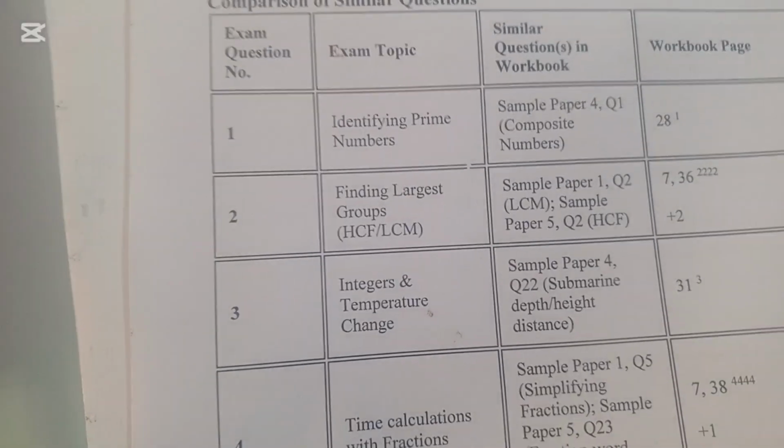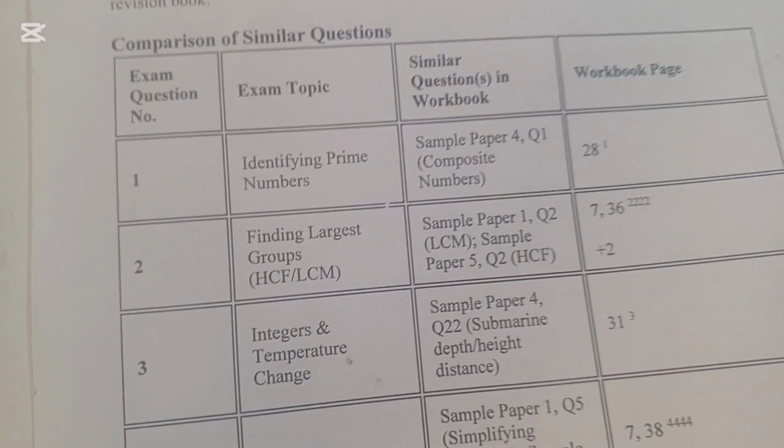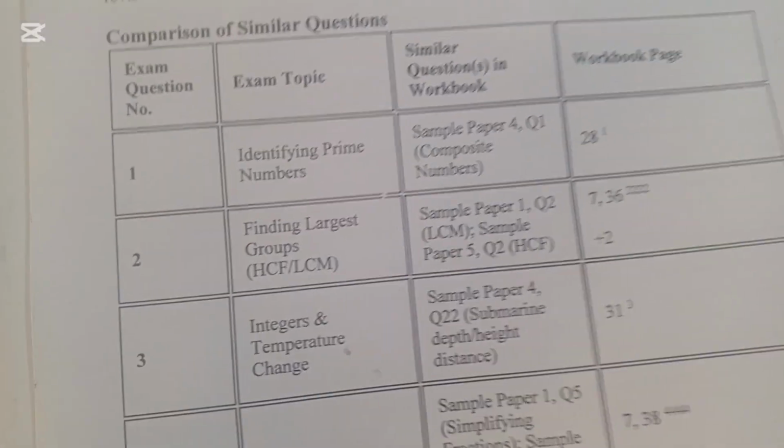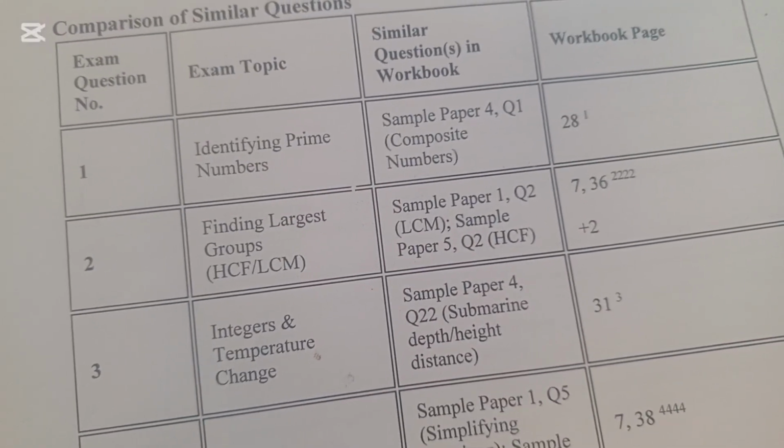Question 3 in the exam asks about integers, temperature change. In my book, sample paper 4, question 22, on page 31, gives a question about submarine depth, height, distance. Maybe you can look at the question so that you can see the similarity.